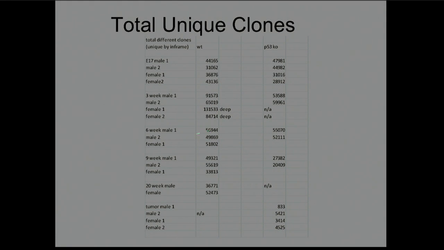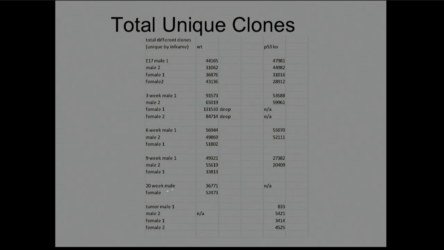By 6 weeks, it's about the same, 49 to 56,000 unique clones, about the same at 6 weeks. So there's just no evidence from unique clones that anything is happening. At 9 weeks, something does happen that's statistically significant, between 33 and 49,000 in these 3 mice, and 20 to 27,000 in these mice.